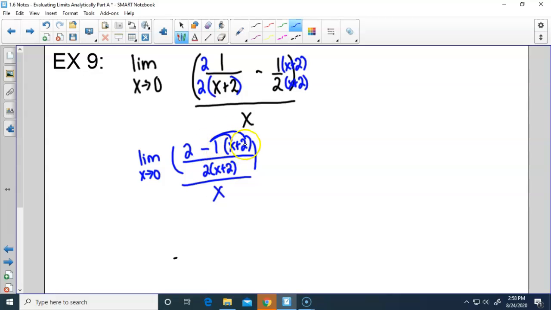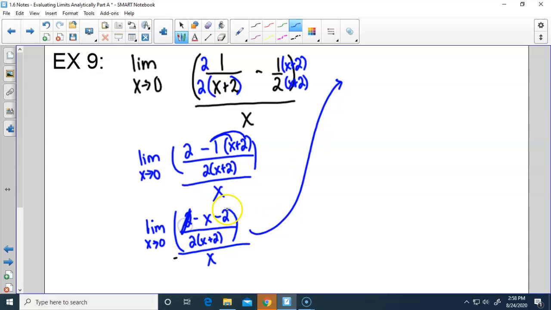I kept that negative in the parentheses on purpose to make sure that you knew that you needed to distribute, even though they were unnecessary there. So we have the limit as x approaches 0 of 2 minus x minus 2 all over 2 times x plus 2, and of course all of that there is divided by x.